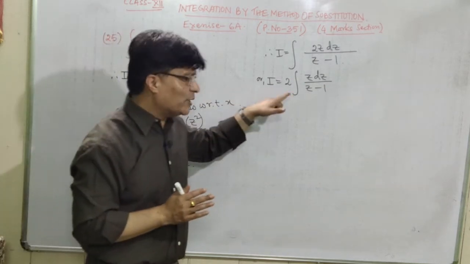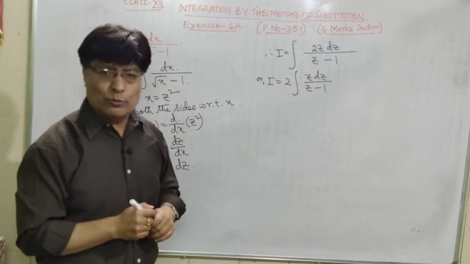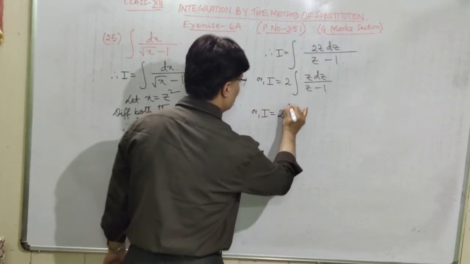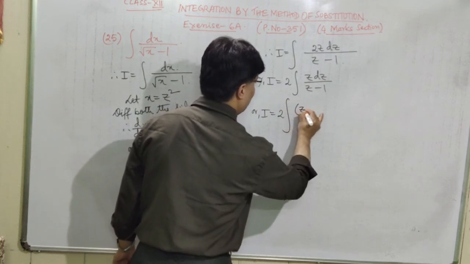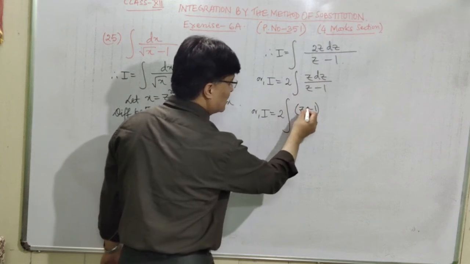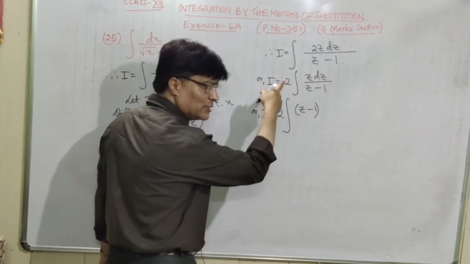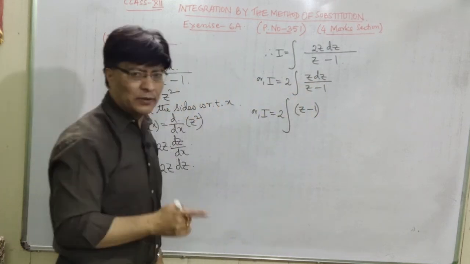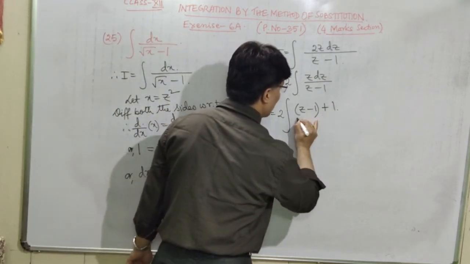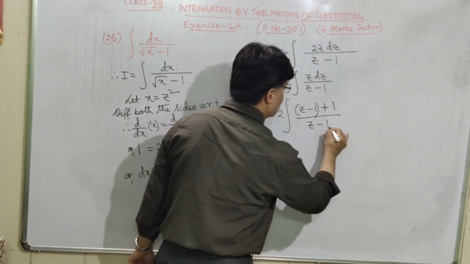Whatever is there in the denominator, you have to write it in the numerator. So I is equal to 2 integral of z minus 1. Okay, so z is correct here, and minus 1 is also there, but there is no minus 1 in the original numerator, so you have to cancel it. So you have to write plus 1, whole divided by z minus 1.